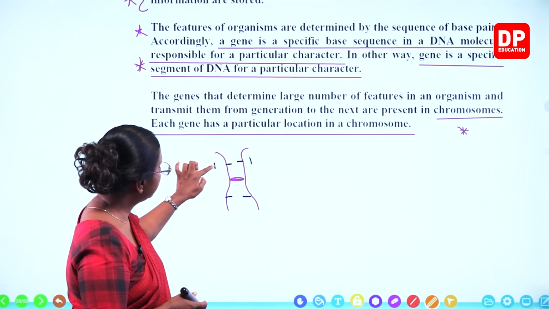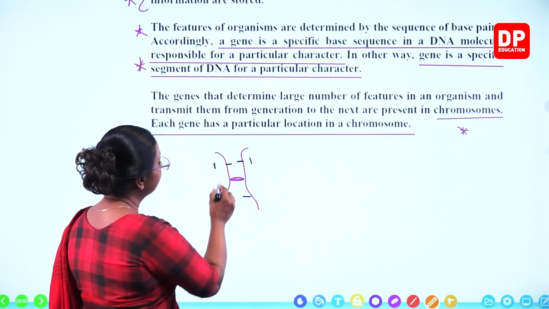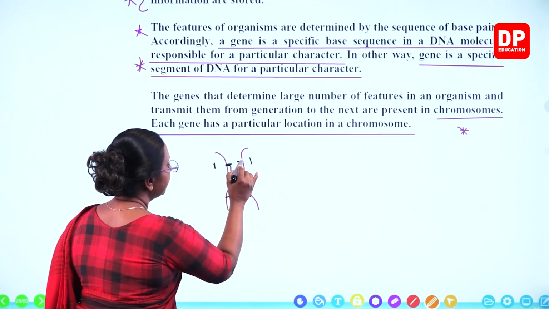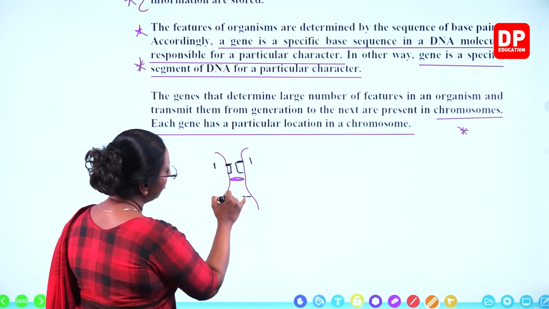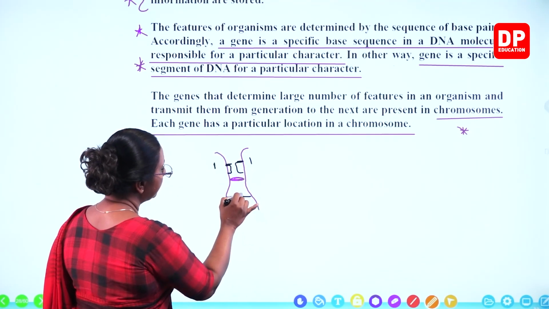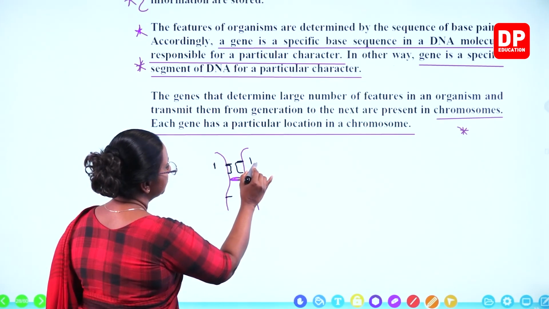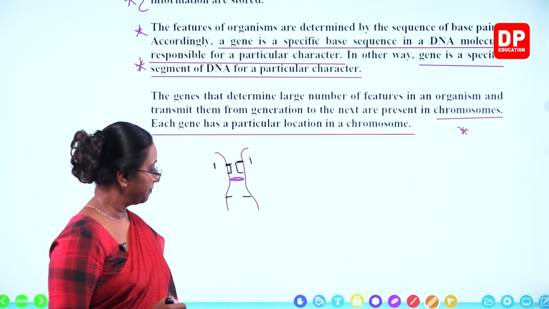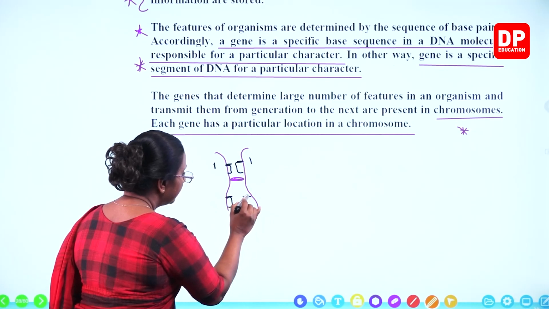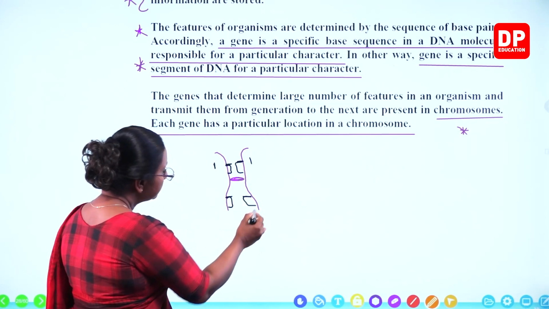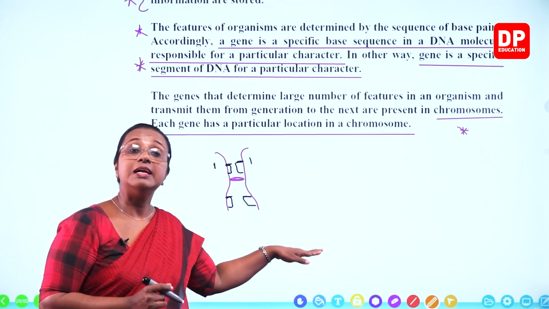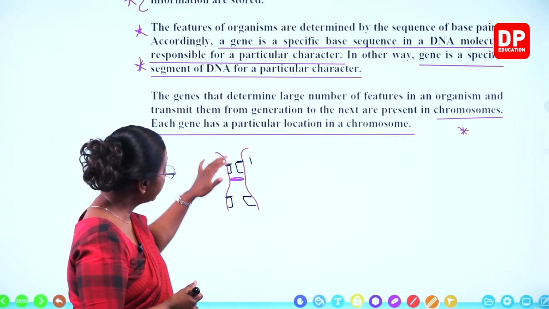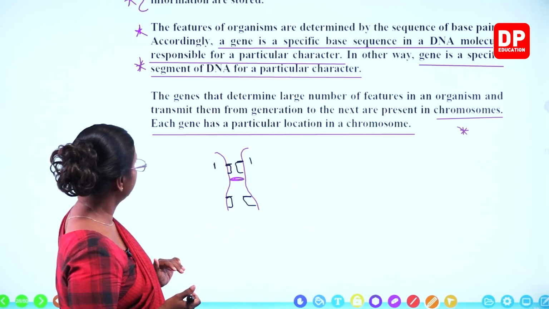These two genes, a segment of the two DNA molecules, the chromosomes, are always paired. That is the gene responsible for character 1. Then there will be another set of genes in both chromosomes responsible for another character. That is how the genes are situated.